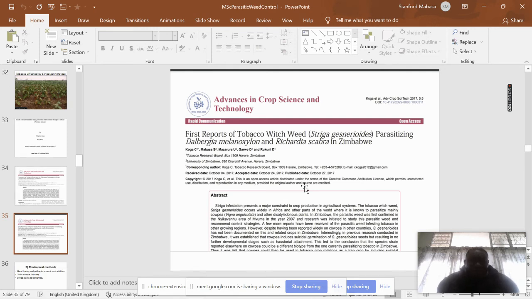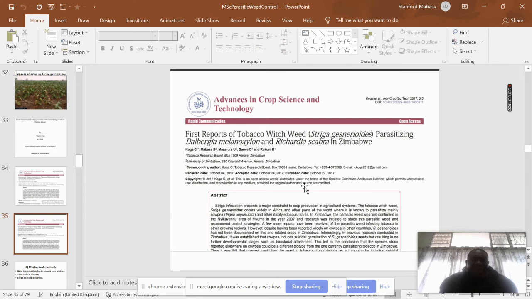He also found that Striga gesnerioides was parasitizing a wild legume known as Dalbergia species and Richardia scabra. Richardia scabra is a weed.